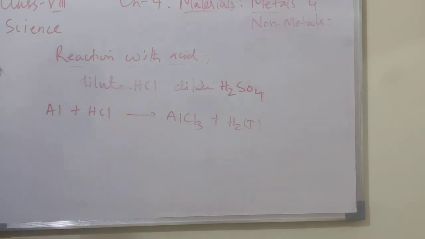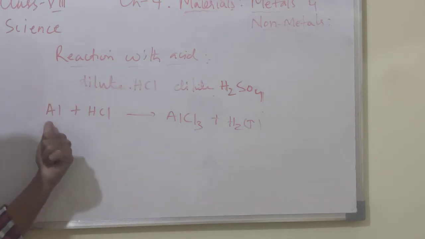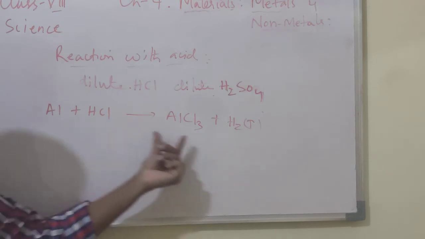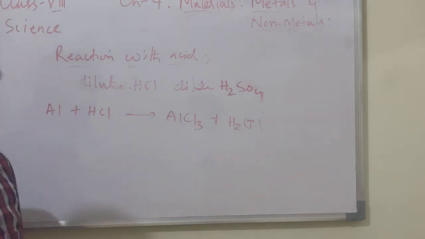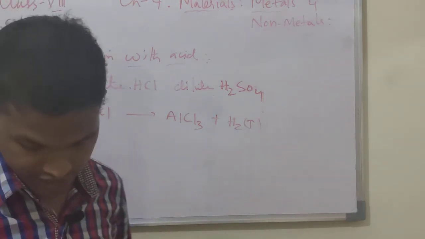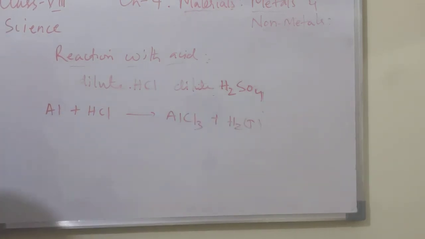Aluminum is in the fifth place in the reactivity series, so it is a reactive metal. It reacts with hydrochloric acid and gives aluminum chloride and hydrogen gas.